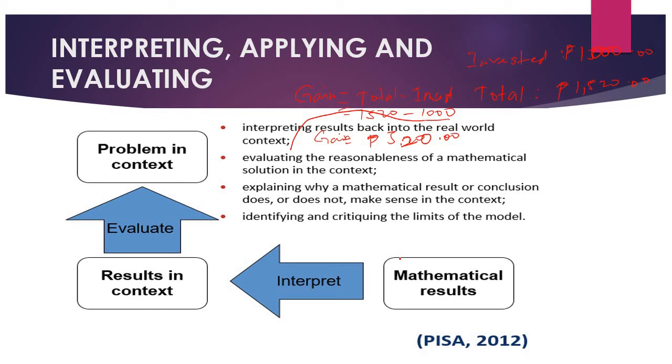Now, ilan ba yung kailangan talaga nating bilhin agad-agad? Now, hindi naman siya ibig sabihin na we really need to buy 1,000 agad-agad kasi hindi siya pwede, hindi kaya ng budget, parang ganon.